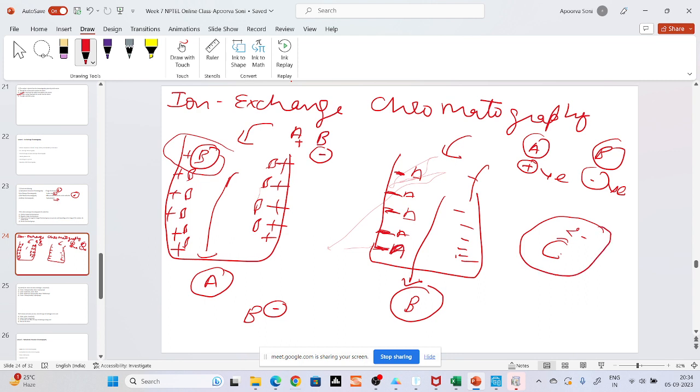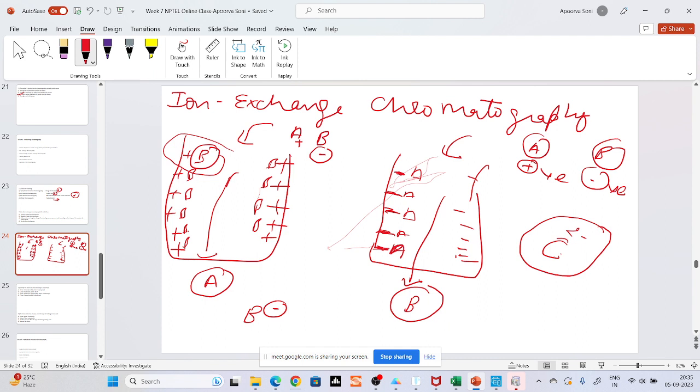This C will have higher affinity to bind to the positive matrix because it is even more negatively charged. So there would be competitive binding. As I start adding C, B will start getting replaced, and instead of B, C will bind because it is even more negatively charged. So this is the way you can elute your sample of interest which is bound to the matrix.